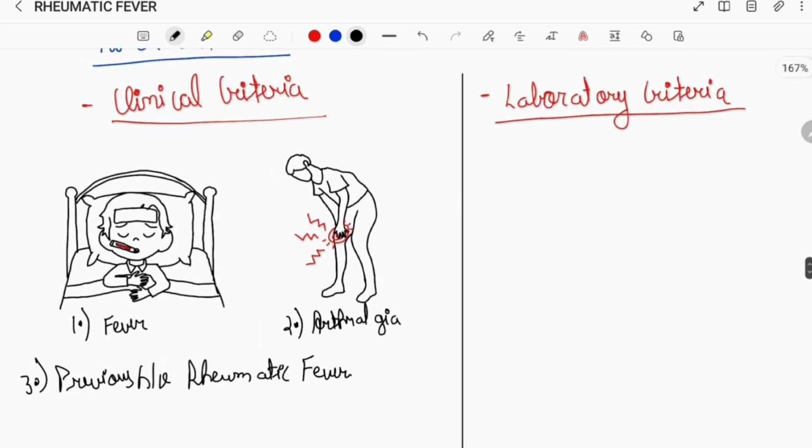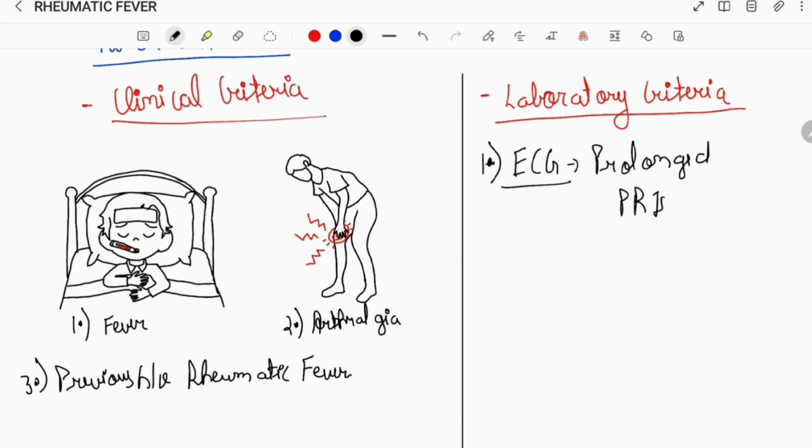If I talk about the laboratory criteria, then first thing that we have is ECG changes, which is nothing but a prolonged PR interval.